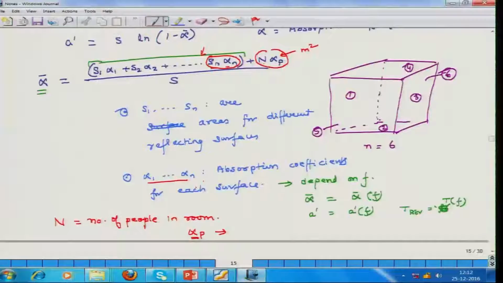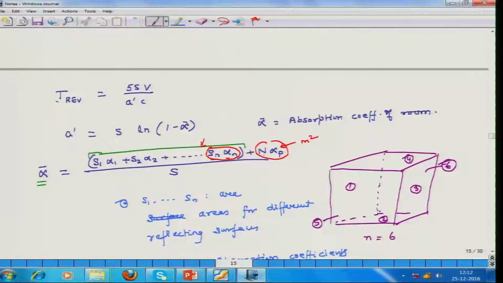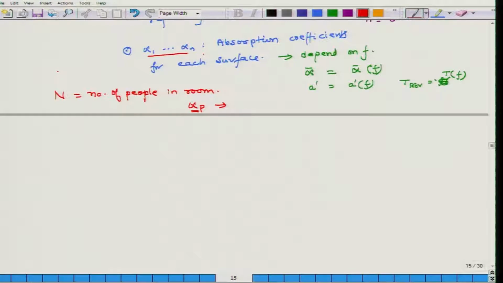So, with this information, you can calculate n times alpha p, and from that you can find out the value of alpha bar. Once you know alpha bar, then you can compute A prime, and from A prime you can get the reverberation time. So, once again it is important to remember that T rev is frequency specific.